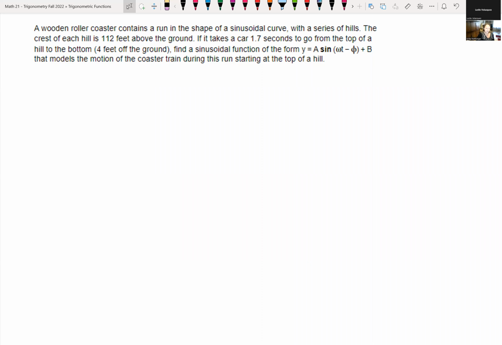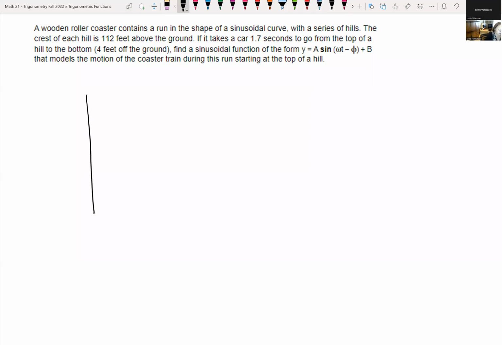Find the sinusoidal function of the form y equals a sine of omega t minus phi, plus b, that models the motion of the coaster train during the run, starting at the top of the hill.